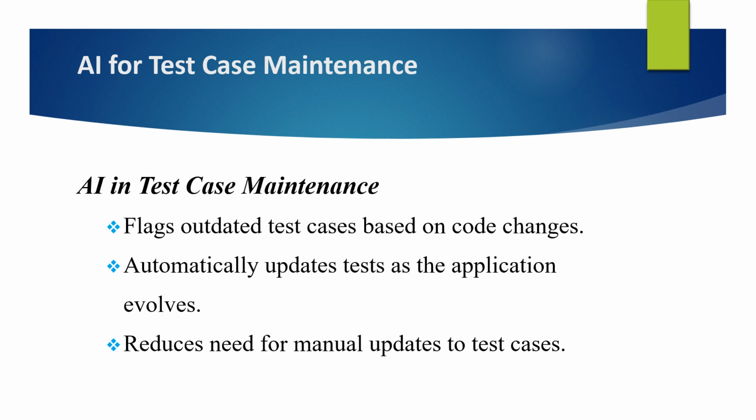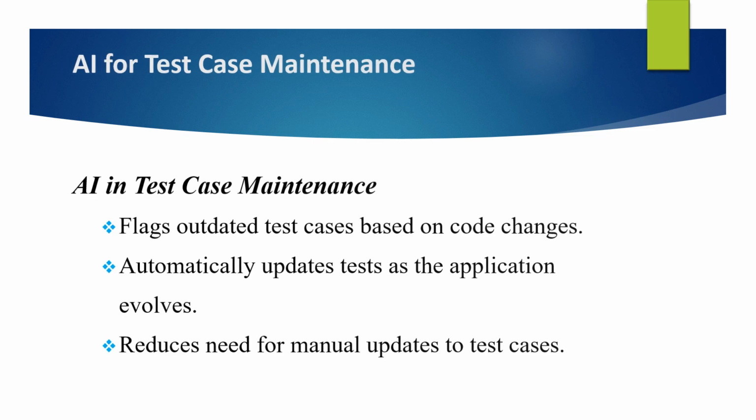Traditional testing would require manual updates to all UI-related test cases, but with AI, the system can detect these changes and automatically update or even rewrite certain tests to match the new UI layout. This not only saves time, but also ensures that your tests remain relevant, giving you peace of mind that your test suite is up to date without requiring exhaustive manual adjustments.